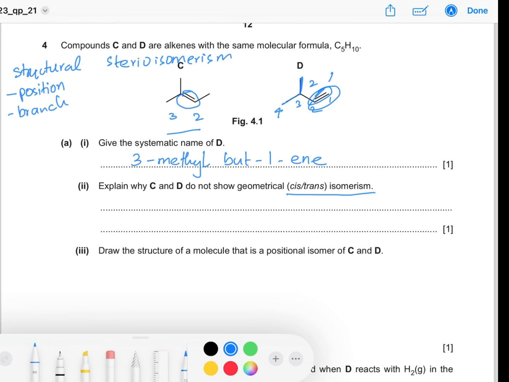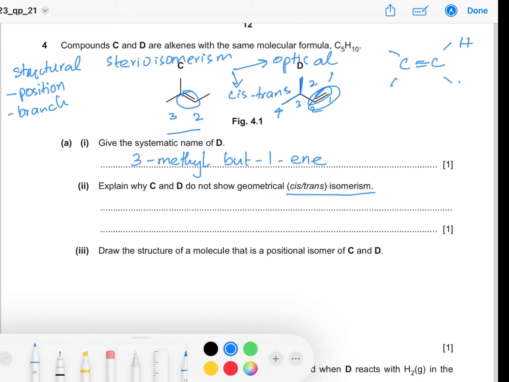Stereoisomerism is also divided into 2 types. One of them is due to optical isomers, which we'll see further in this question, and the other one is cis-trans or geometric isomerism. So cis-trans isomerism occurs when you have a carbon-carbon double bond in a compound and both of the carbon atoms are bonded to 2 different atoms or groups of atoms.